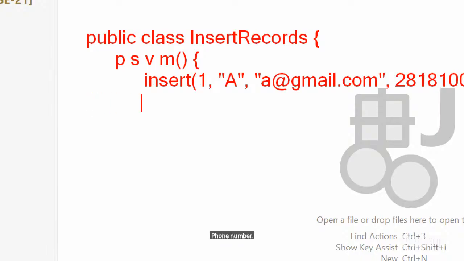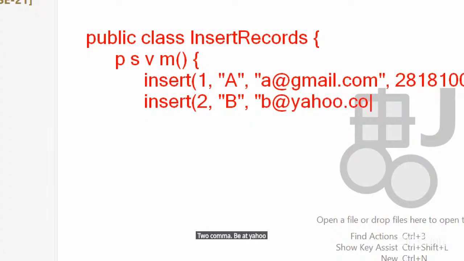Again, I will call insert of 2, b at yahoo.com, comma phone number. Like this multiple times I'll call, 3-4 times I'll call.